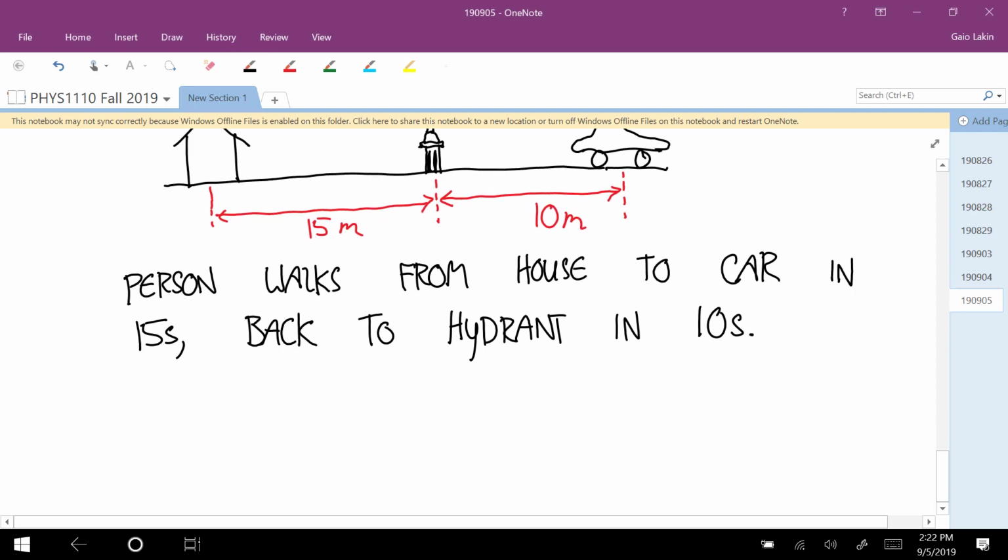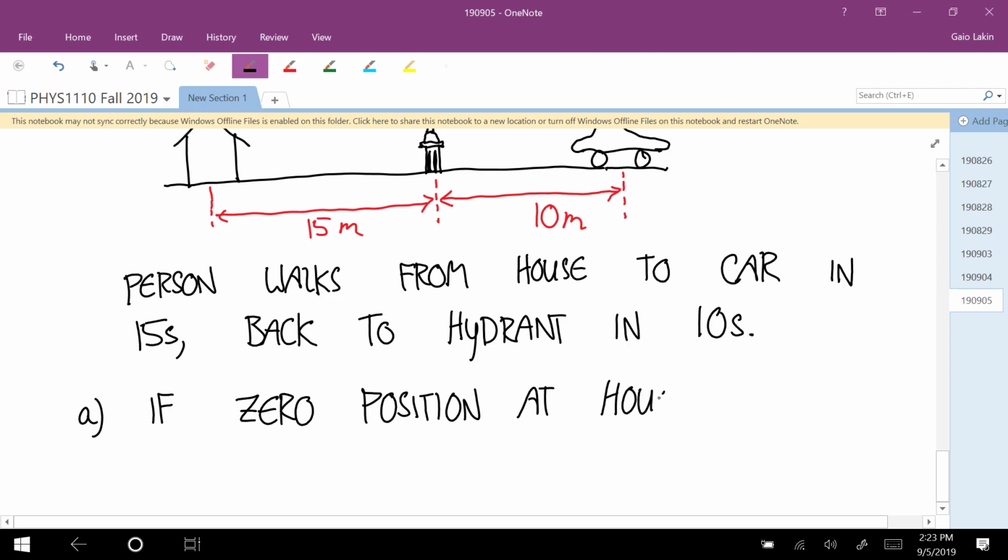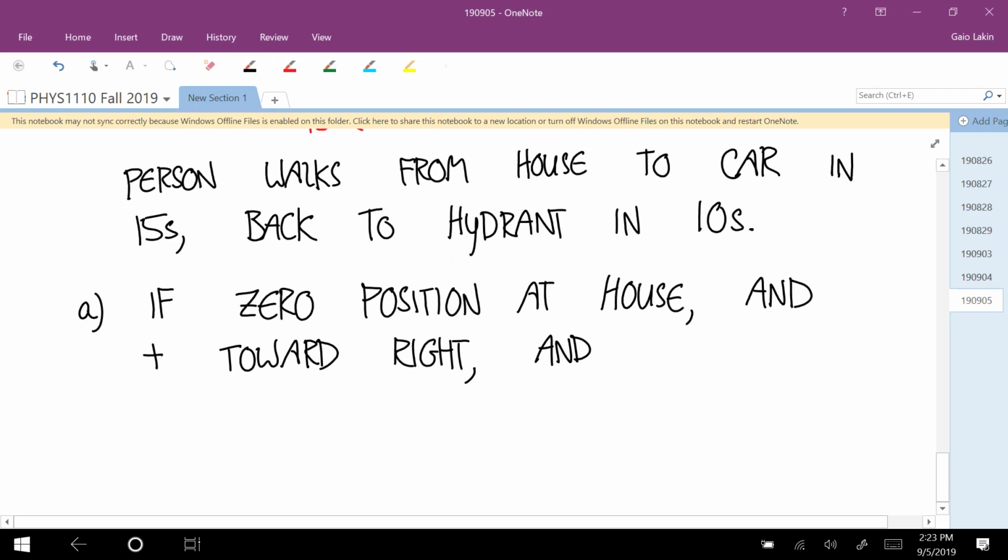And so let's say that we choose, first, the 0 position to be at the house, and the positive direction toward the right of the picture, from the house toward the car. And 0 time to be when the person starts walking.